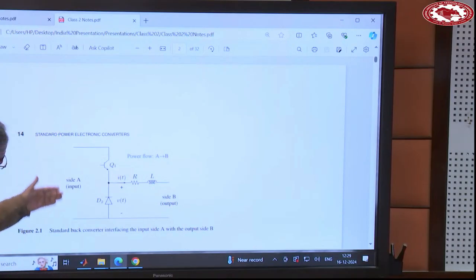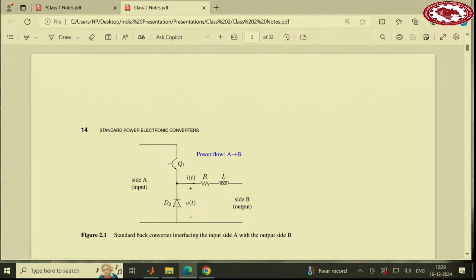So you have one side, let's go with side A and side B. You have side A here, side B, and there is a switch here, a diode here, and an inductor here.